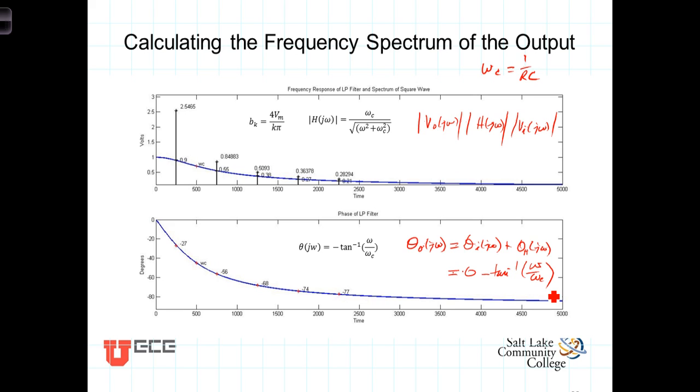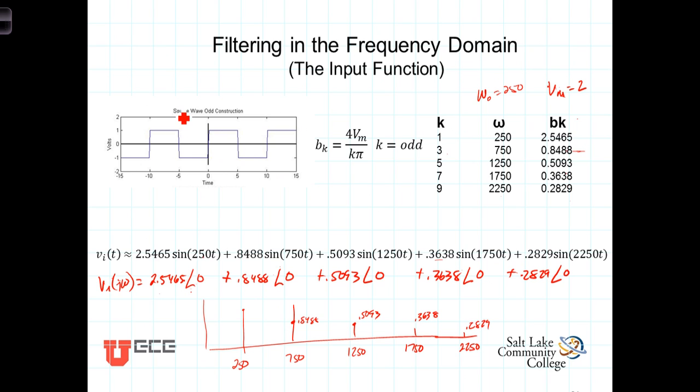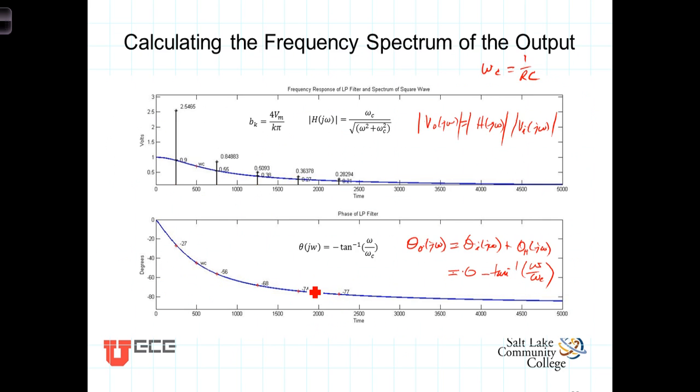So to do this calculation, V out is equal to the magnitude of H of j omega times the magnitude of the input. You can go back a couple of slides and notice these values, the magnitudes of the input. I've shown those here at the frequencies that they exist. So this line graph represents the magnitude of the input spectrum.